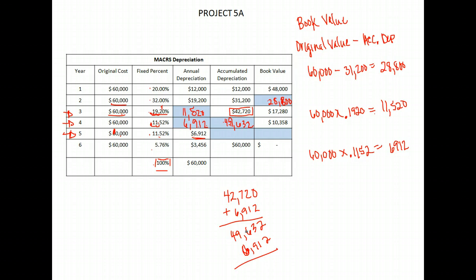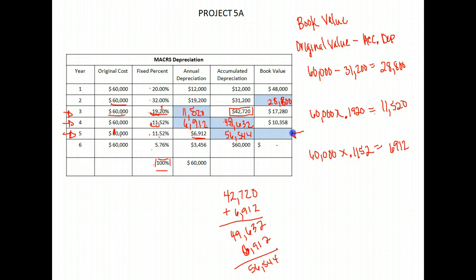So add the 49,632 that we found, add another 6,912, and we get 56,544. So by the end of year 5, $56,544 of the value is gone.